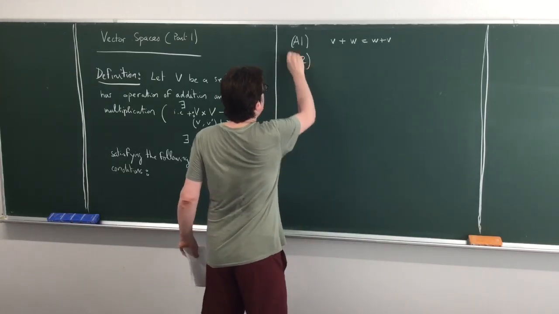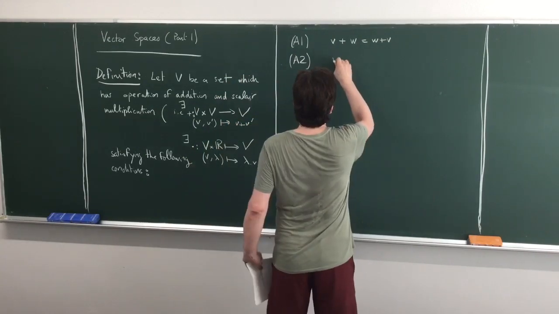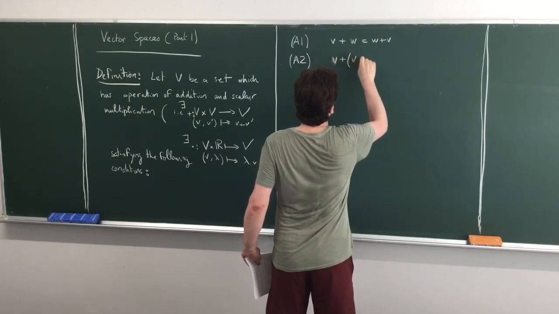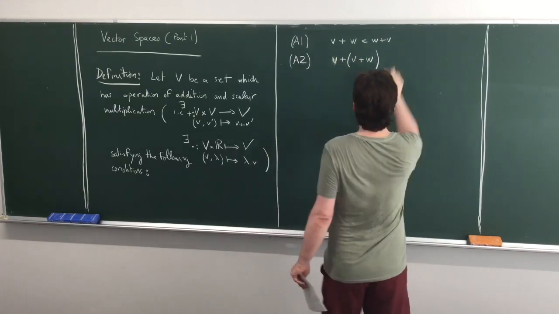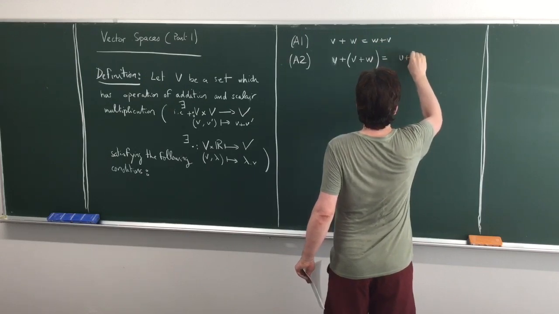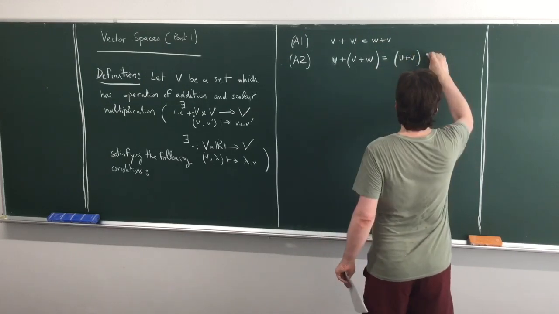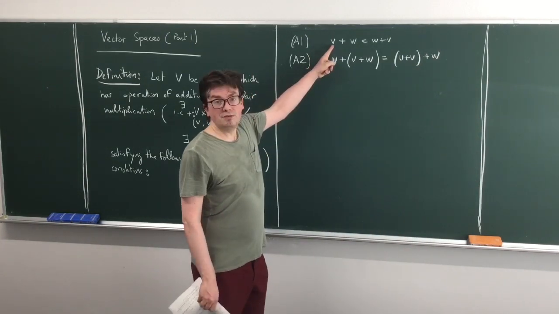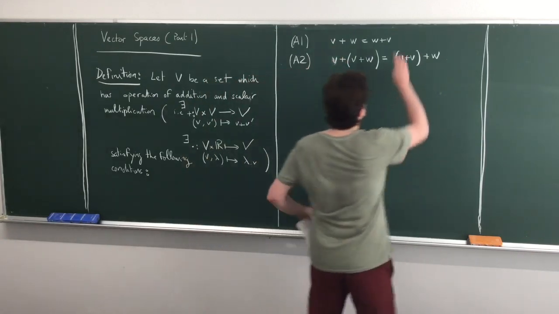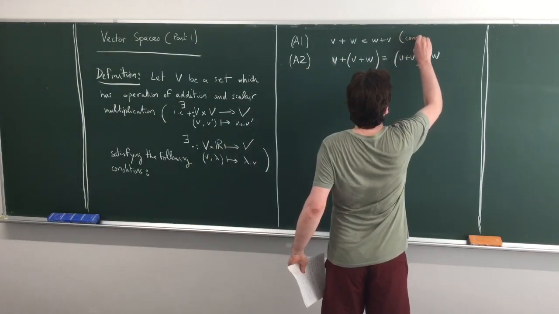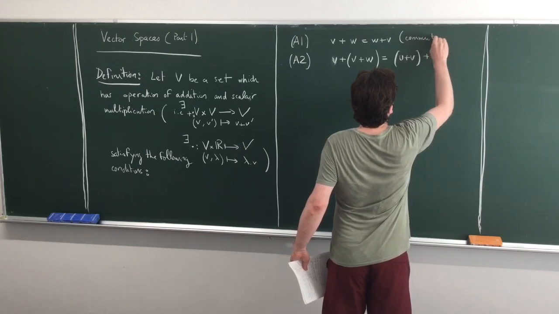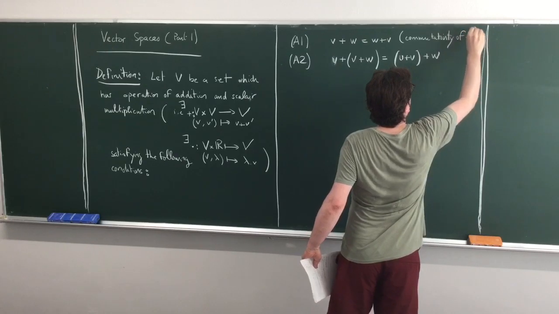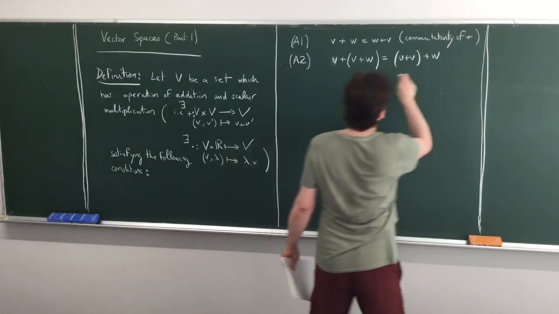The second condition is that U plus V plus W will be equal to U plus V, within bracket, plus W. This condition is called commutativity of the plus. And this one is called associativity.